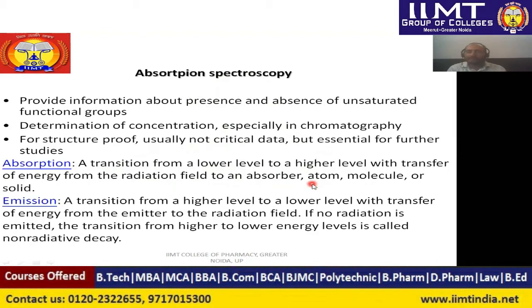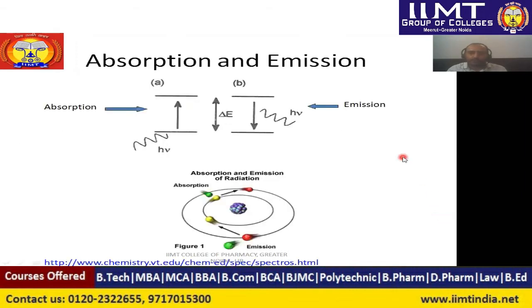Whenever the electron moves from the lower state or lower orbital to the higher orbital, it is known as absorption, while when it comes back from the higher state to the lower state, it is known as emission. Now these are the two phenomena, absorption and emission.